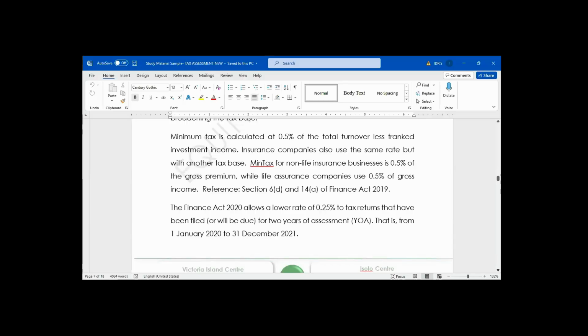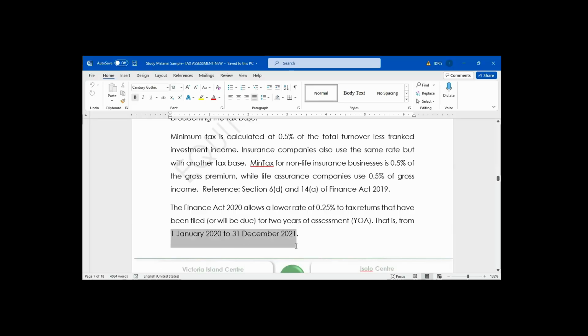The rule of minimum tax was introduced by Finance Act 2019. But Finance Act 2020 now said, because of COVID-19, for 2 years, the minimum tax rate should be reduced to 0.25%. What are the 2 years? Starting from 1st of January 2020 to 31st of December 2021.